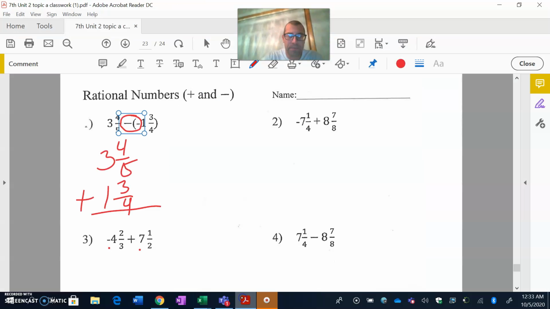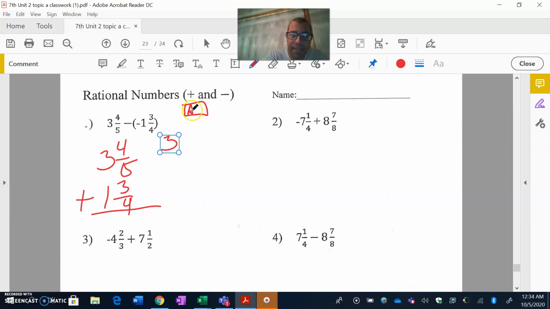Let's get back over there. If I go back to this very first problem, it was 3 4/5 minus a negative 1 3/4. When you type a fraction into your calculator, it needs to know when you're starting a new part of it. So you're going to hit the 3, and then you're going to hit the ABC button.